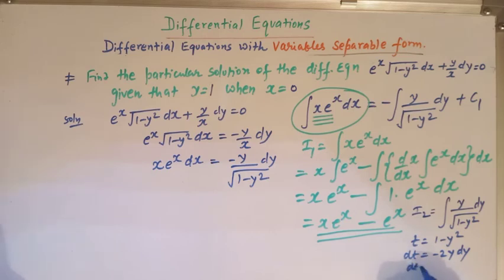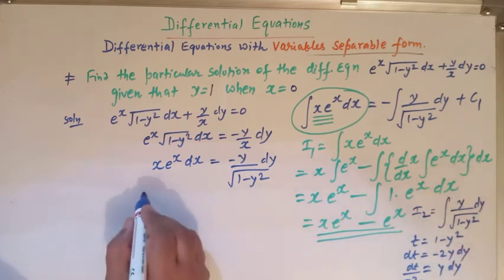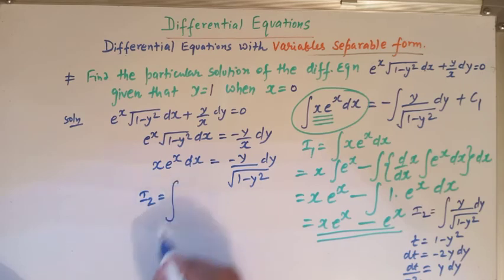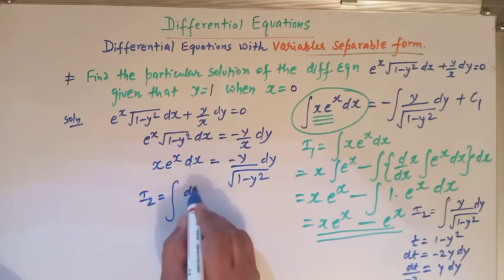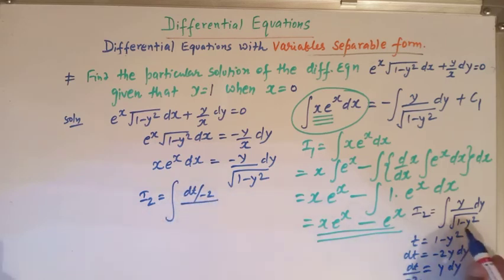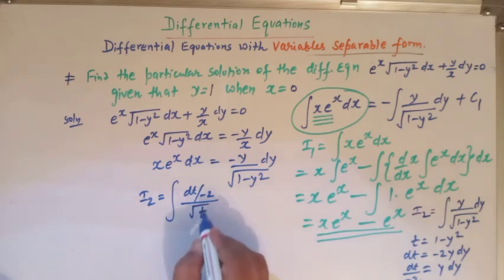So dt over minus 2 is equal to y dy. Now integral I2 can be written as dt over minus 2 divided by square root of t.